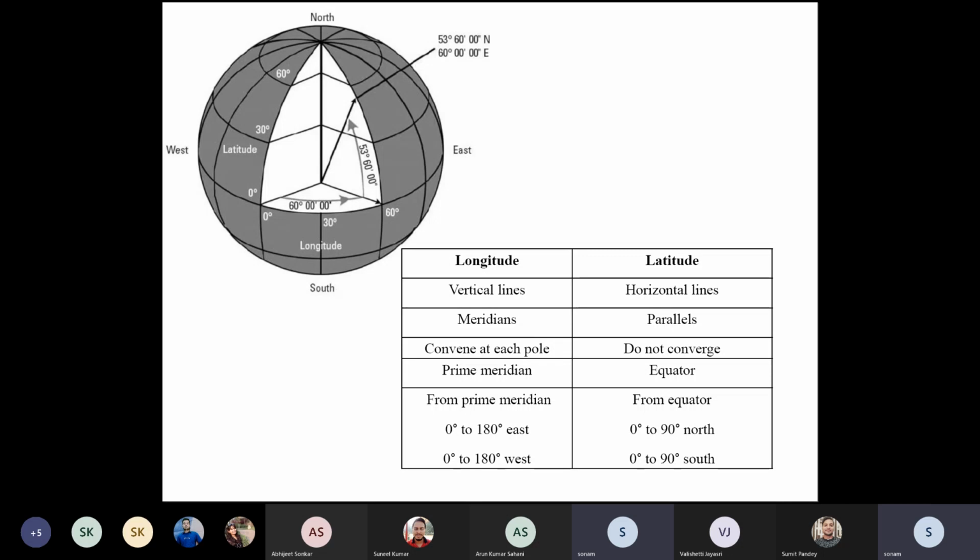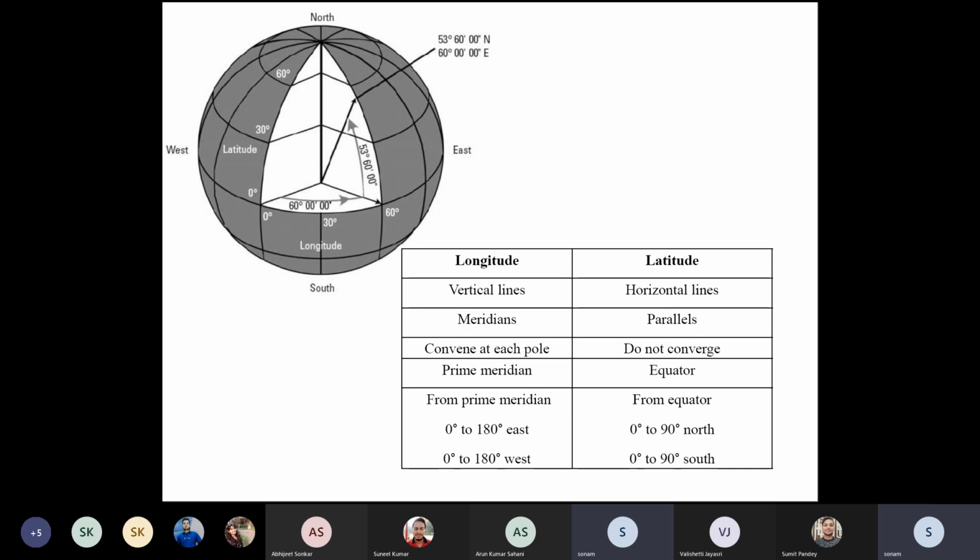So this time there is one plane and one line. The plane is the equator and the line is the radial line drawn from the center of the Earth towards that point. This is called the latitude. So latitude is the vertical angle. Listen to these terms carefully.